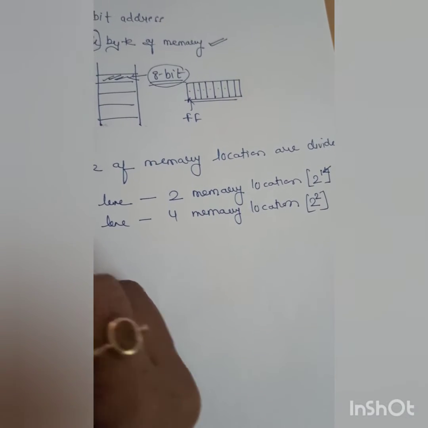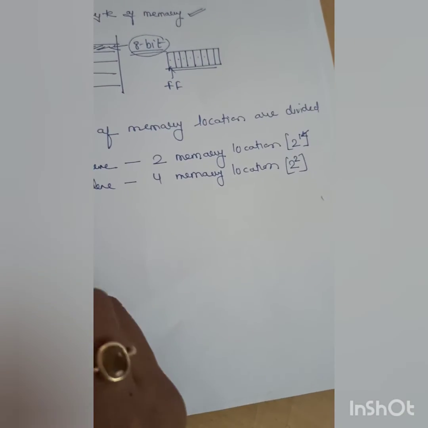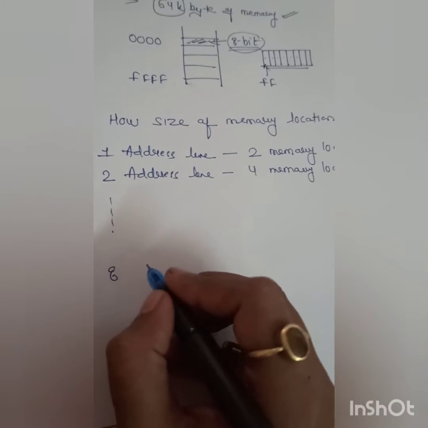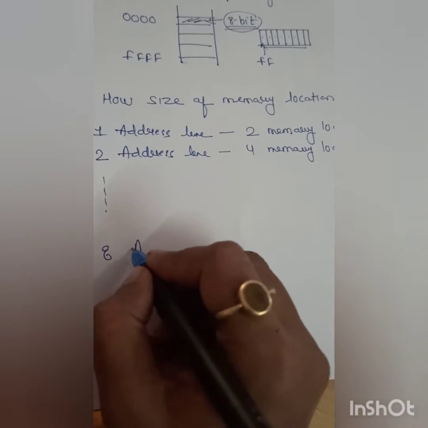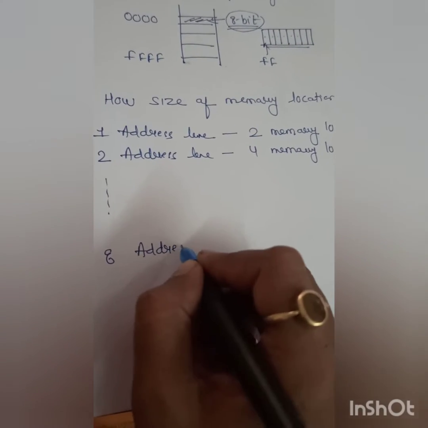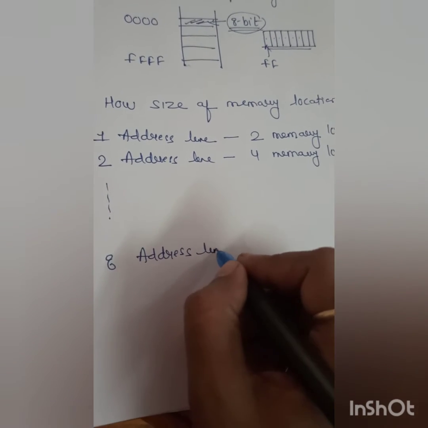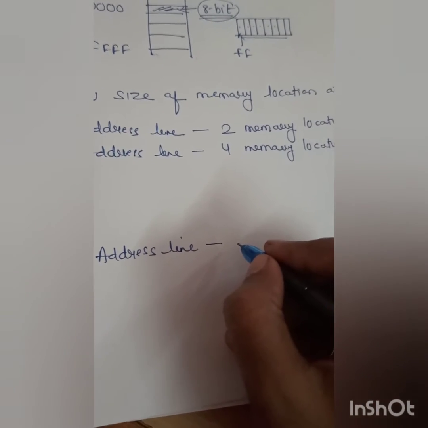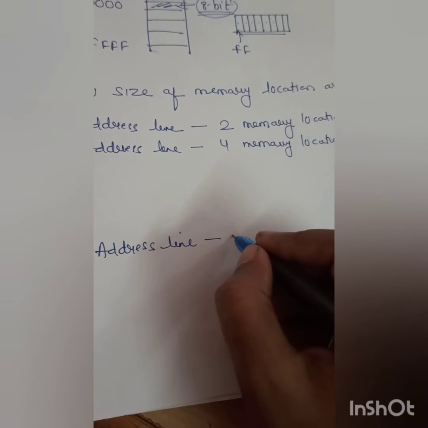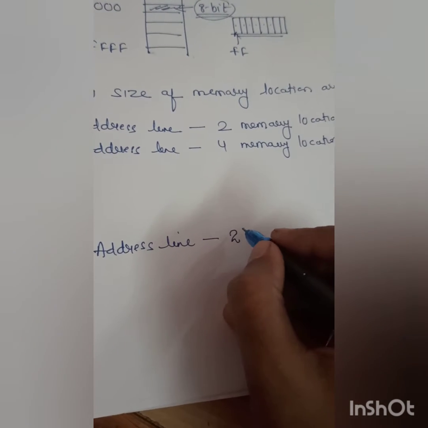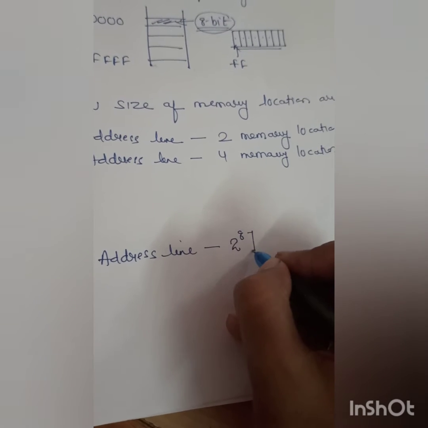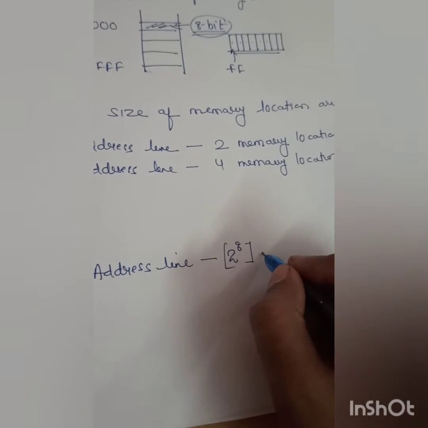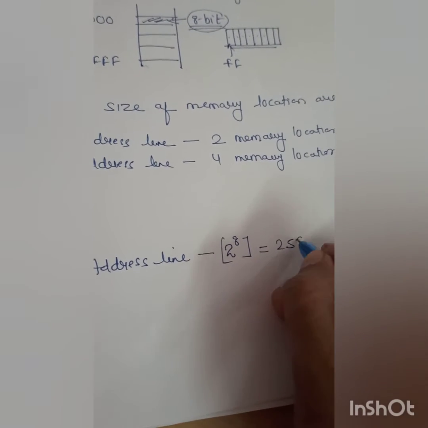Now if we come directly to 8 address lines, that means 2 raised to the power 8, which is 256.